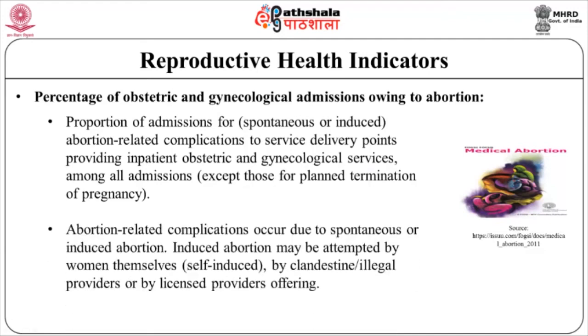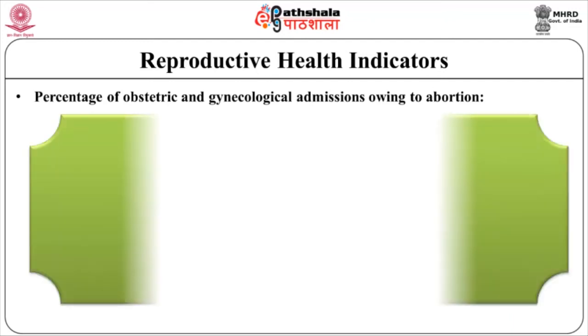Abortion related complications occur due to spontaneous or induced abortion. Induced abortion may be attempted by the women themselves, that is self-induced, by clandestine, that is illegal, providers, or by licensed providers.